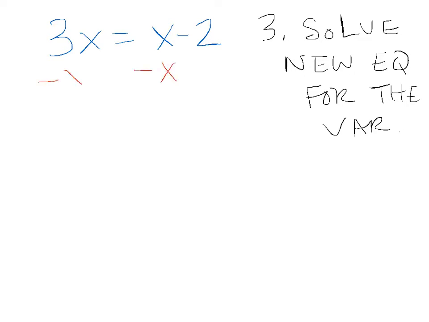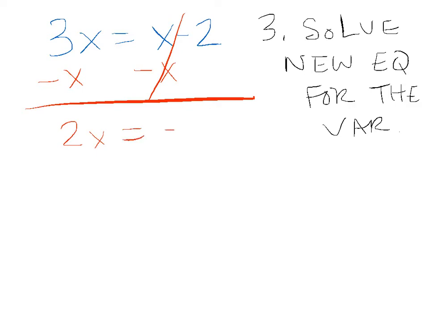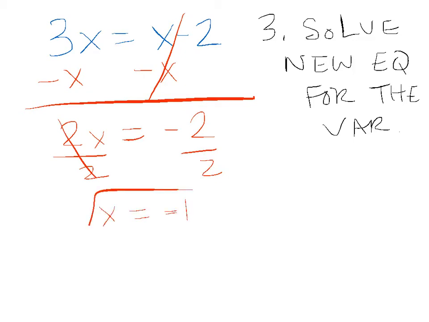We'll subtract x from both sides. 3 minus 1 is 2x equals negative 2. And then divide by 2. So x equals negative 1. That's one answer. But remember, with a system of equations, I'm looking for an ordered pair. So I've got to find a y. We need two numbers always.